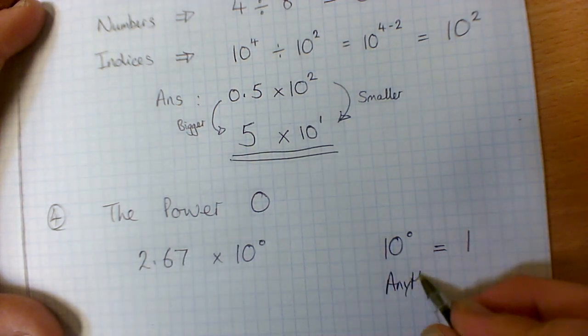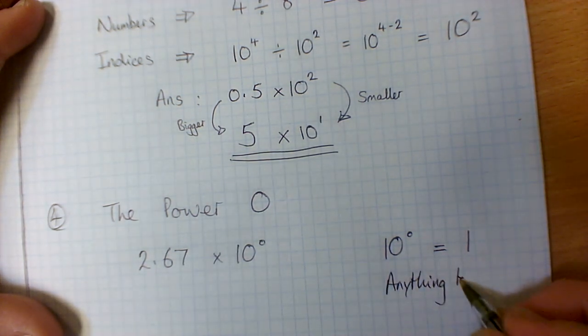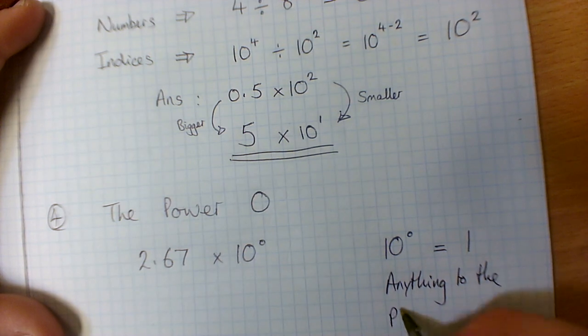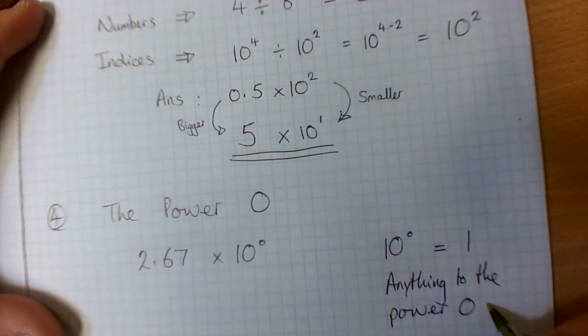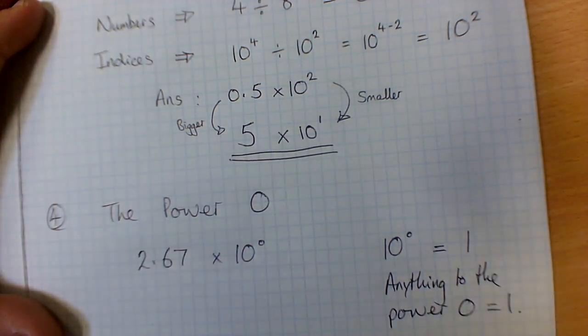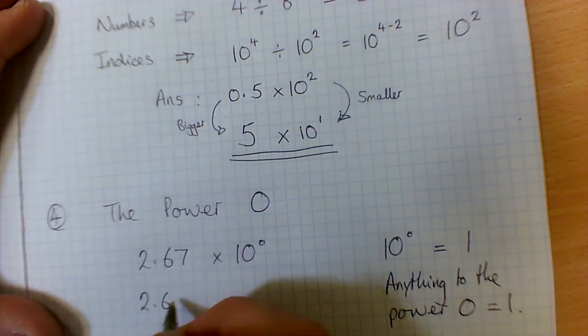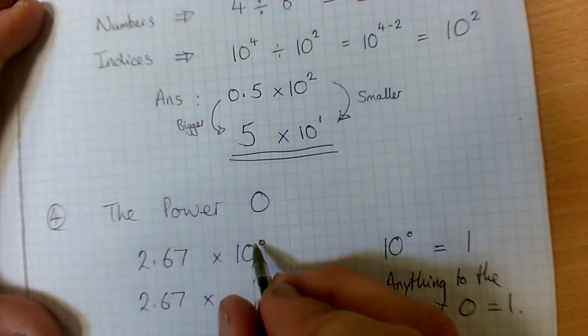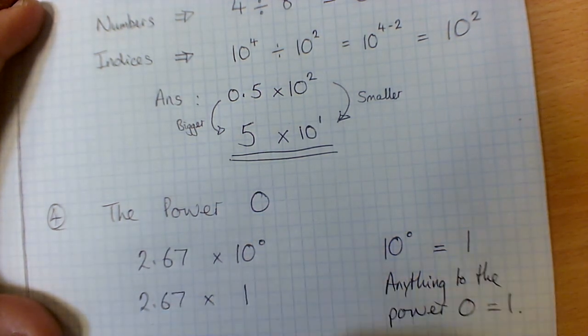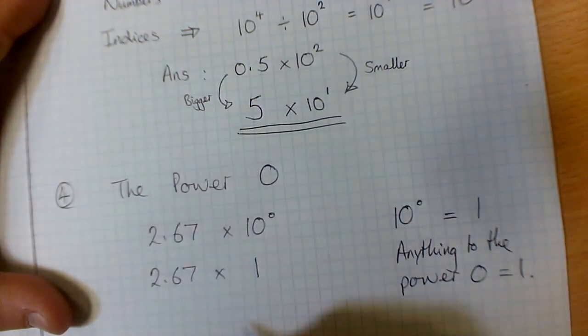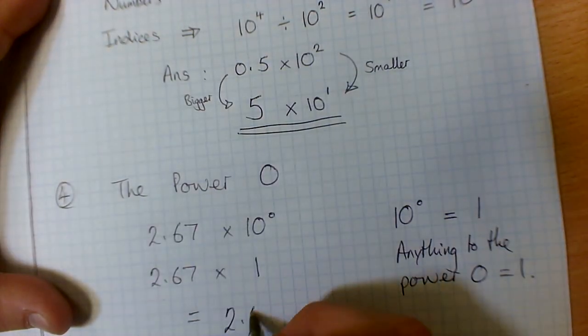Anything to the power 0 equals 1. So I've got 2.67 times 10 to the power 0. We know that's 1. 2.67 times 1. So my answer is 2.67.